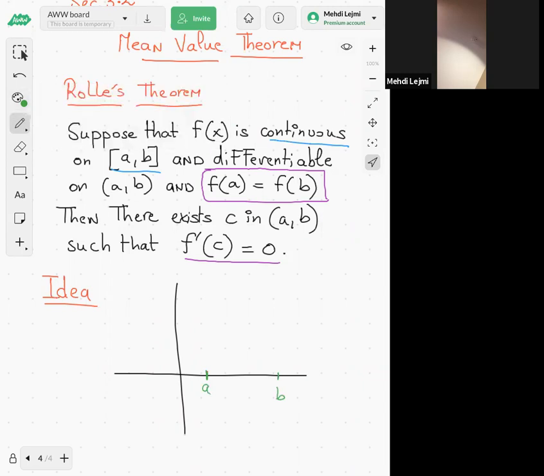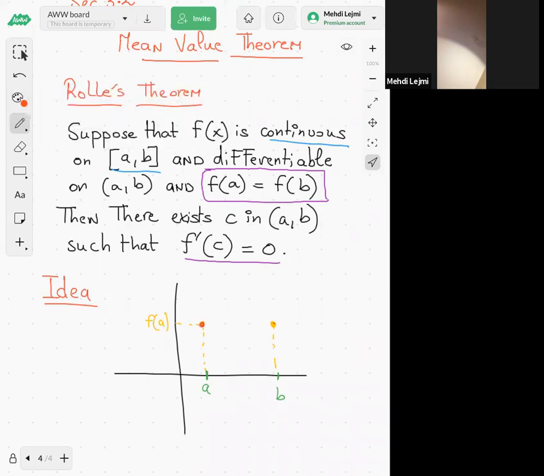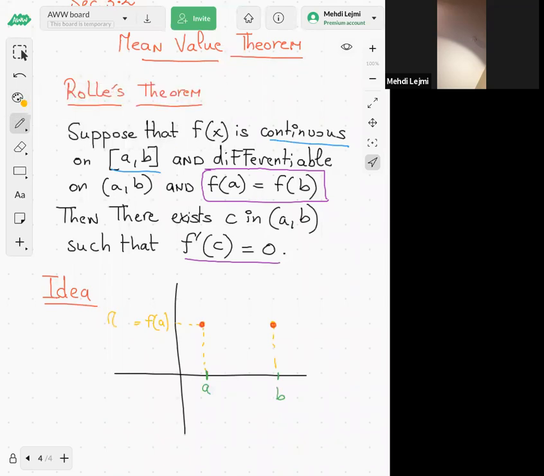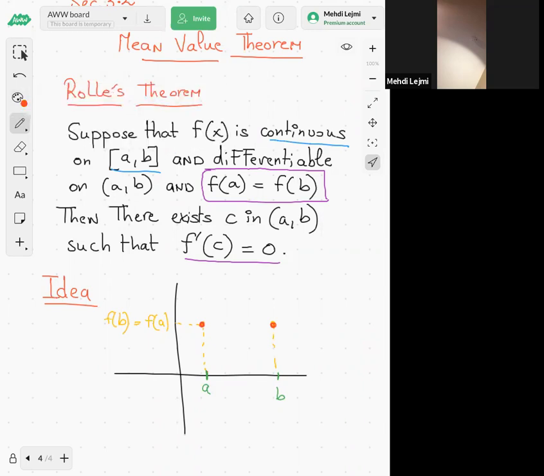So let's say this is my f of a, and f of a is supposed to be f of b, so they are equal. When you connect these two points, somewhere you're gonna have an absolute minimum or an absolute maximum.